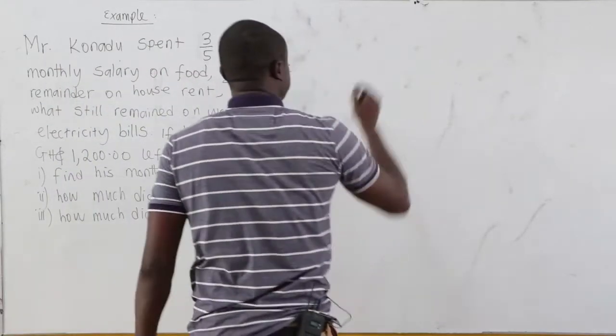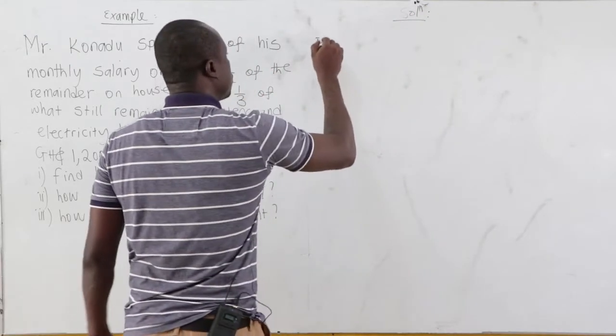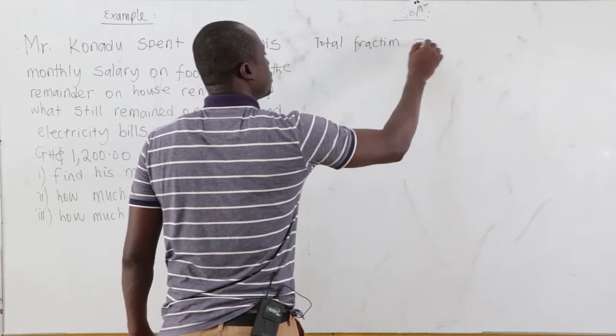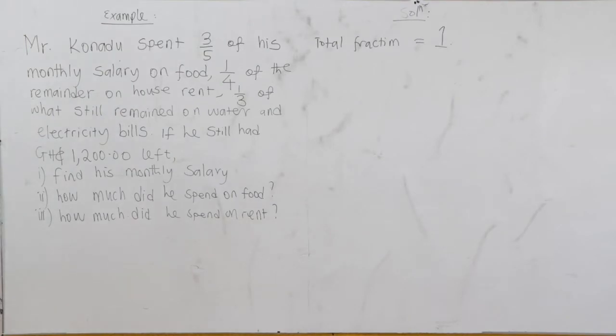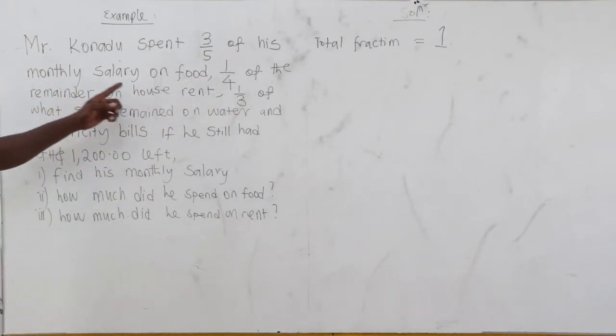So here, the total fraction on the salary is equal to 1. Now, we are being told that he spent 3 over 5 of his monthly salary on food.